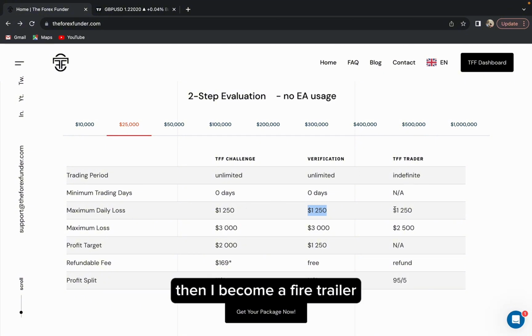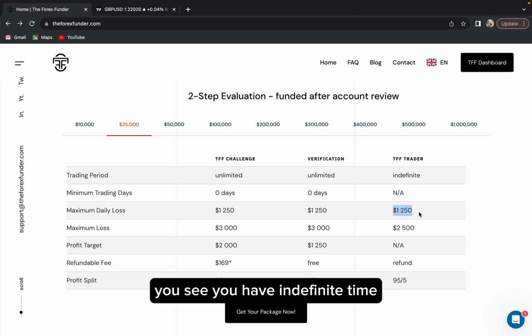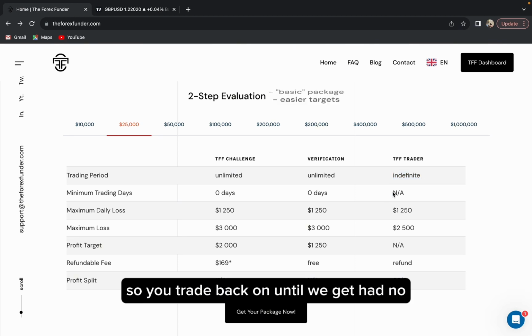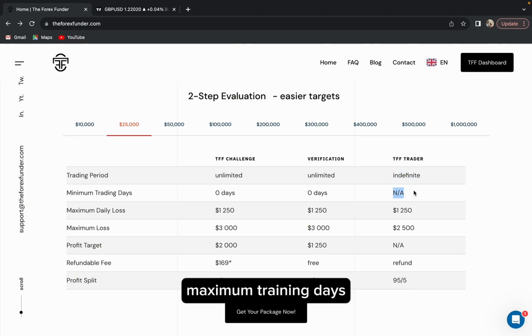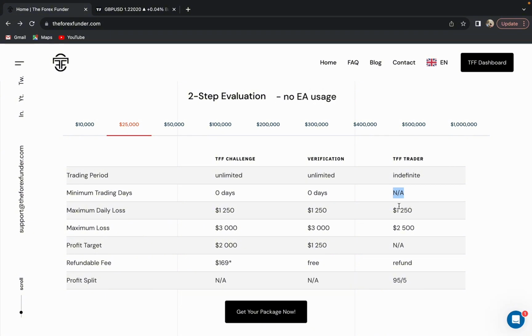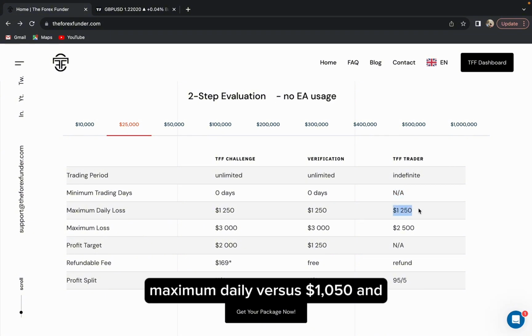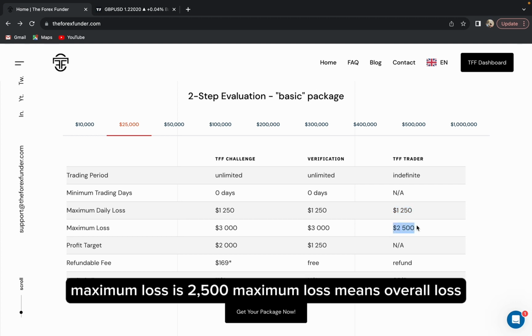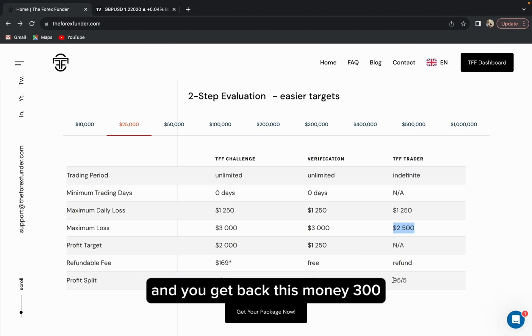Then when you become a funded trader, you have indefinite time. So you trade the account until you get tired. No maximum trading days. Maximum daily loss is $1,250, and maximum loss is $2,500. The maximum loss means overall loss, and you get back this money.